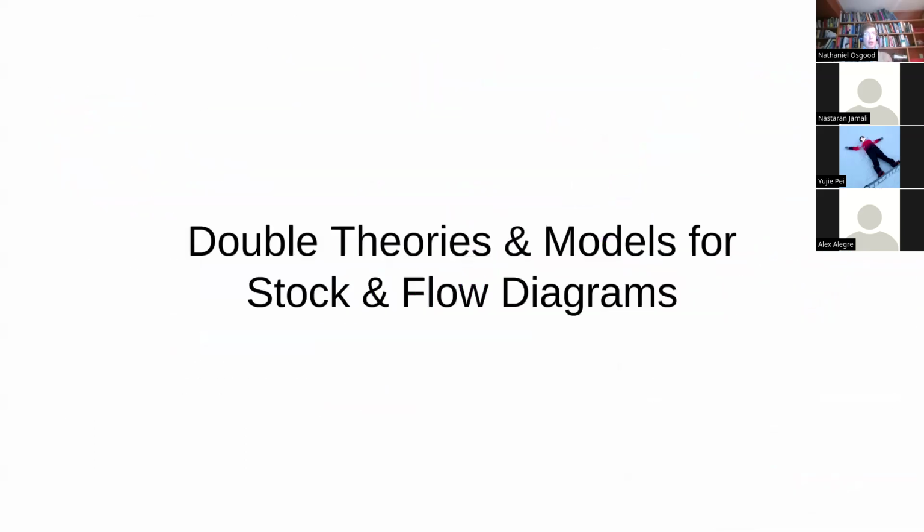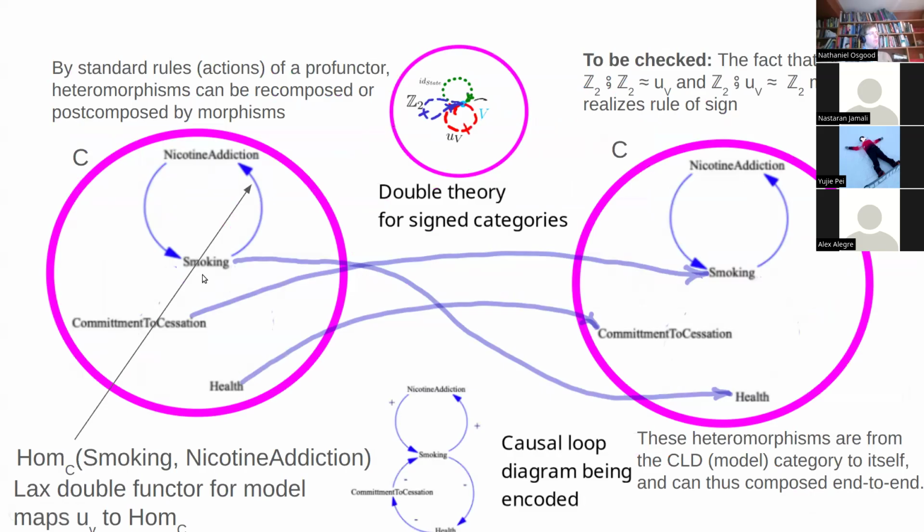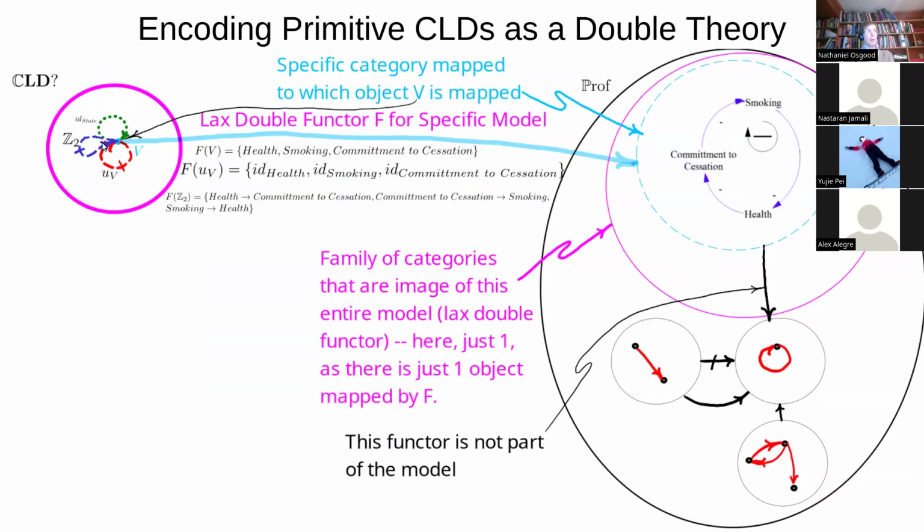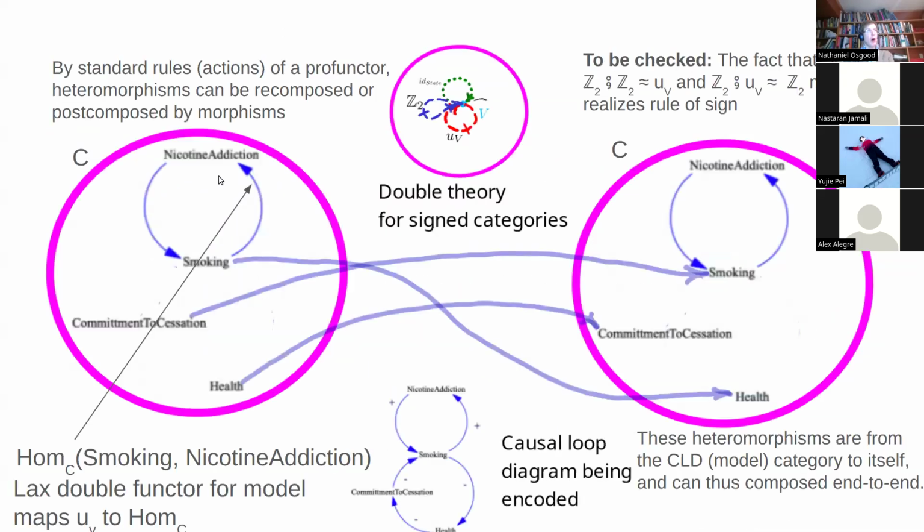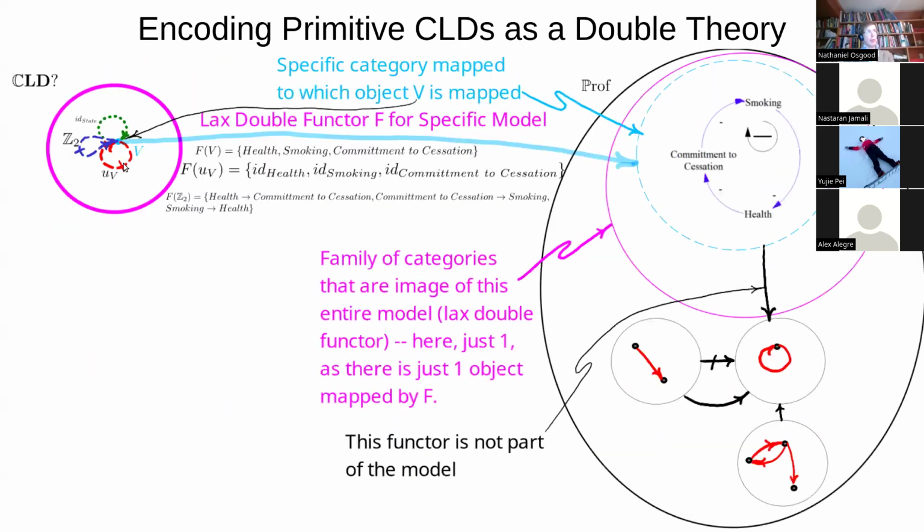And we saw last time that the identity pro arrow turns into the Hom profunctor, which defines our morphisms in the category associated with the object.